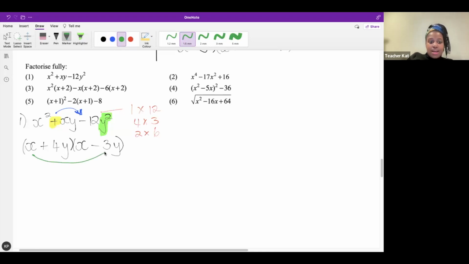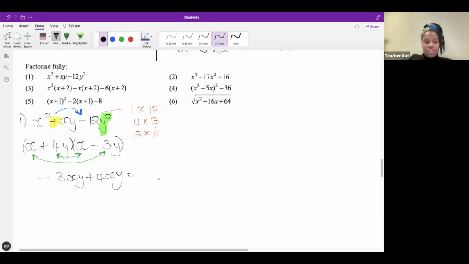Outer is x times negative 3y, so that's negative 3xy. Inner is 4y times x. That's positive 4xy. So what's negative 3xy plus 4xy? It is xy. Do you see it wasn't that deep, guys?